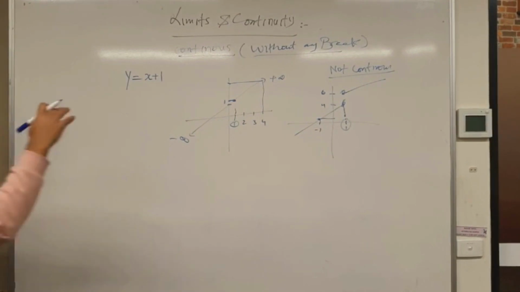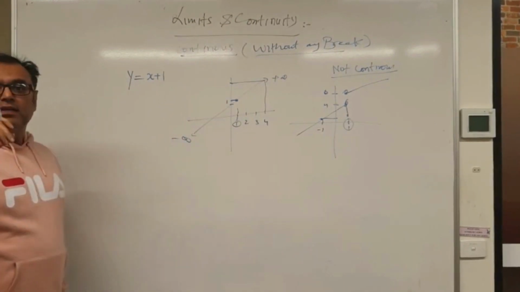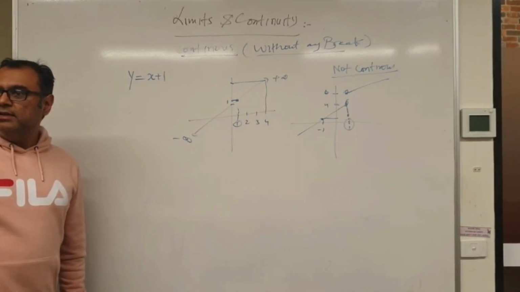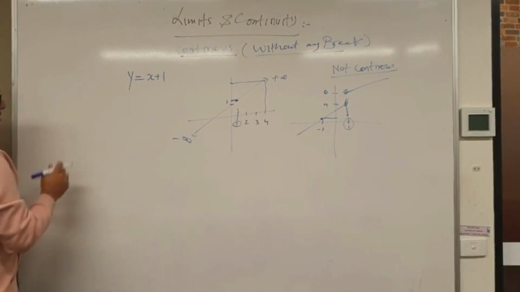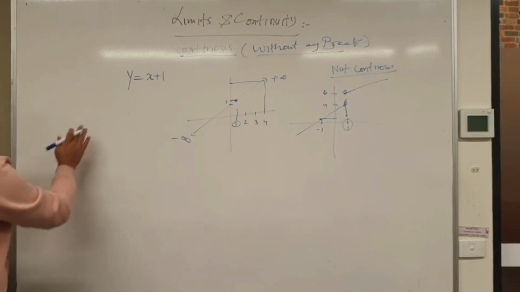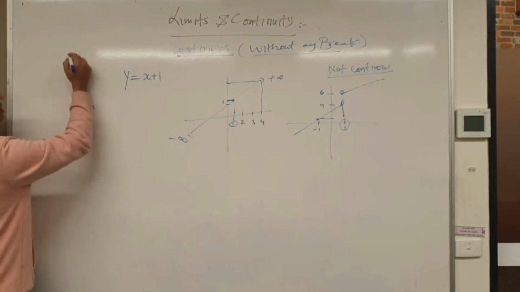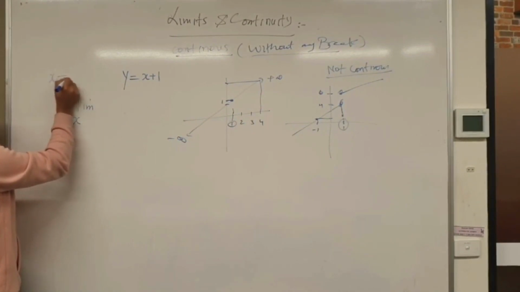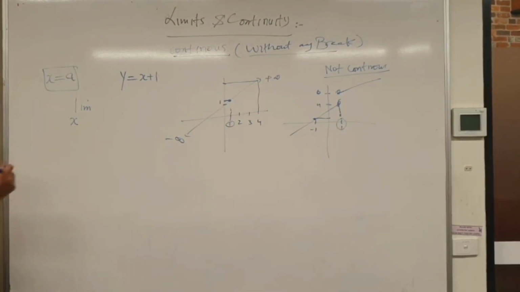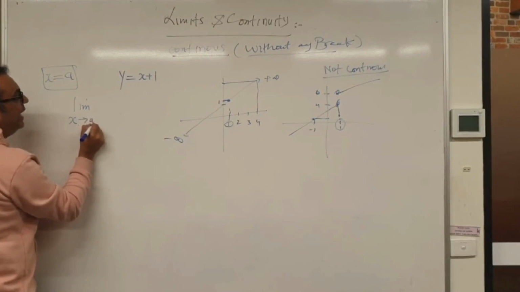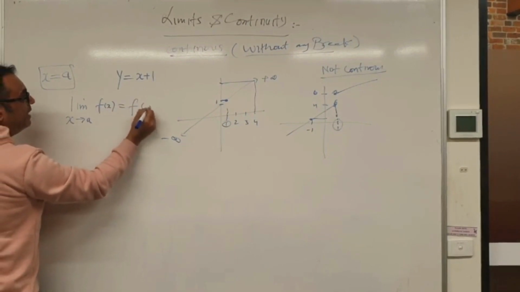Now, if I were to connect the dots between limits and continuity, if I have to find whether the function is continuous at a value x equals a or not, then I will say limit x tends to a, f of x should be f of a.